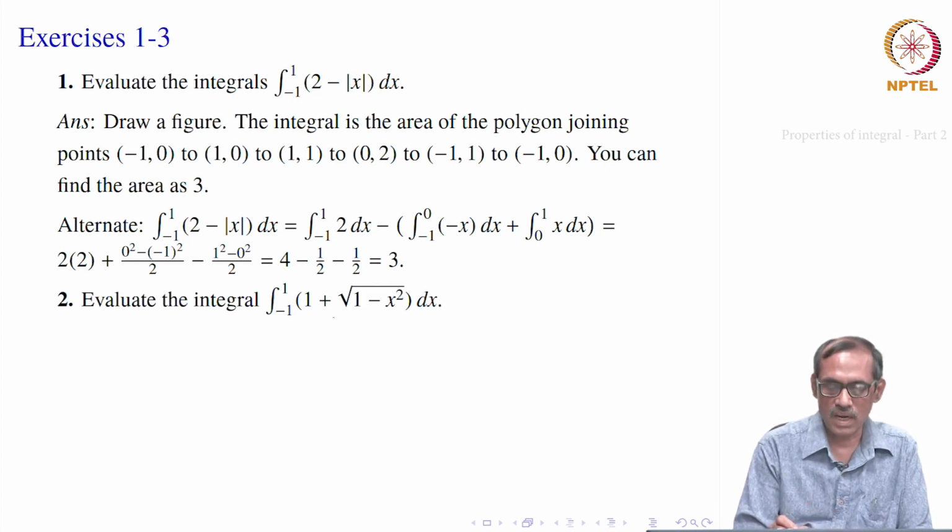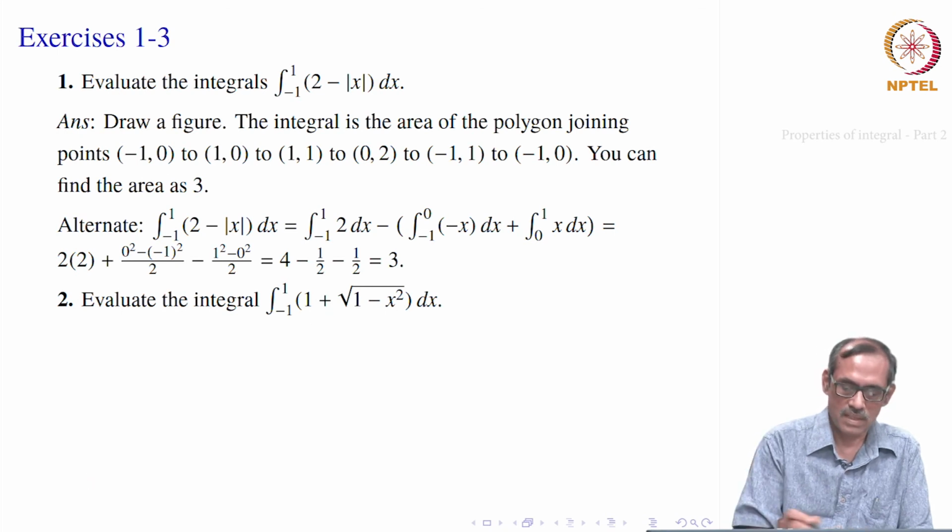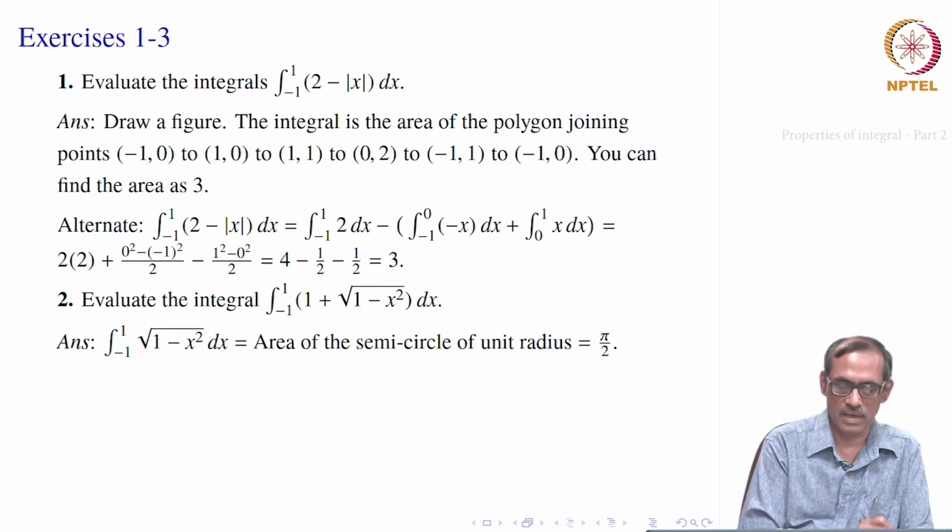Now, for this integral from minus 1 to 1 of the square root of 1 minus x square dx, the square root of 1 minus x square we do not know how to integrate right now, but you can use the argument as we have done earlier, thinking of what this curve is and whether you know its area geometrically or not.